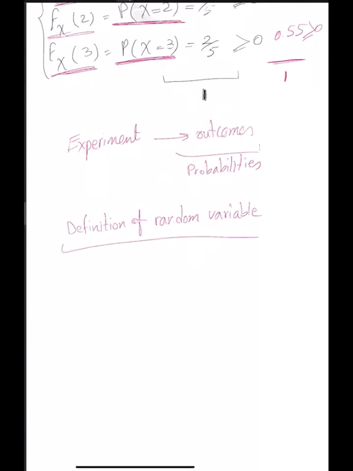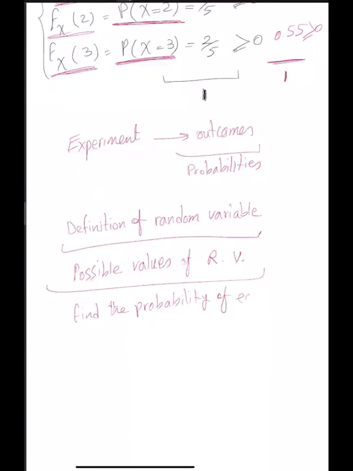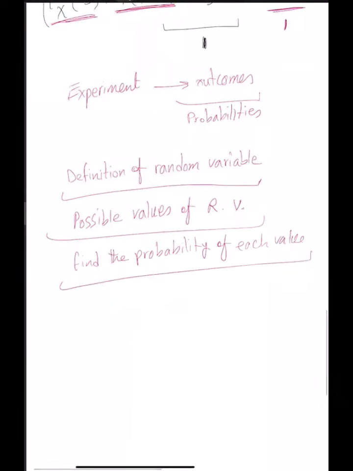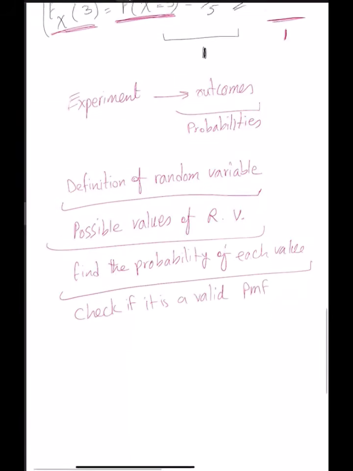Carefully think about the definition of the random variable. Find out possible values of the random variable. I put RV just for random variable. And then find the probability of each value. And then at the end, check if it is a valid probability mass function.